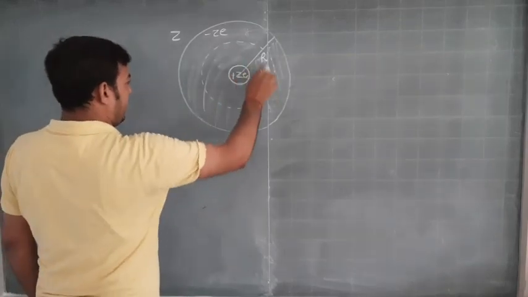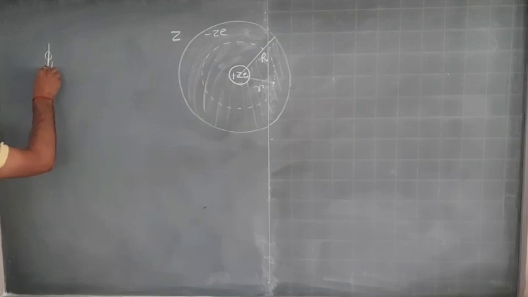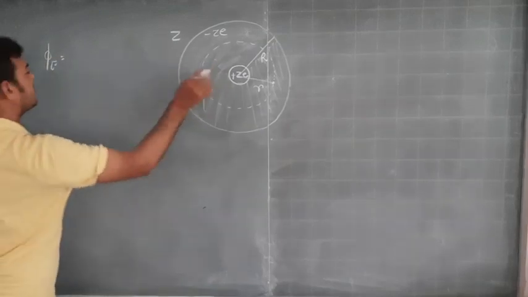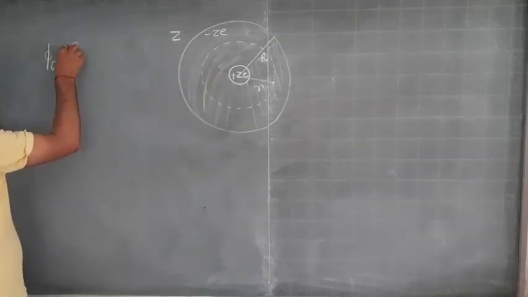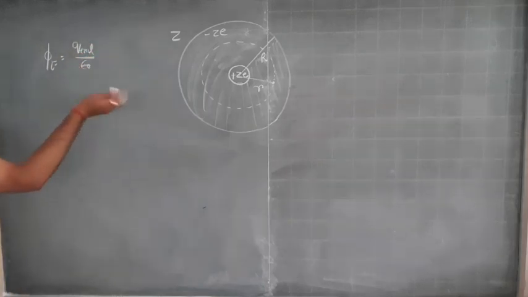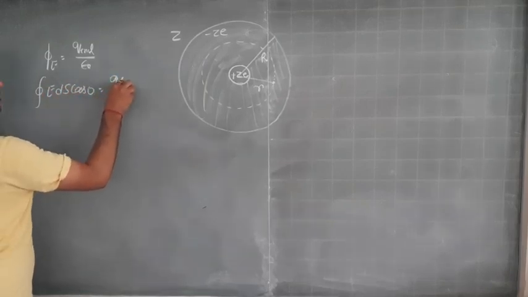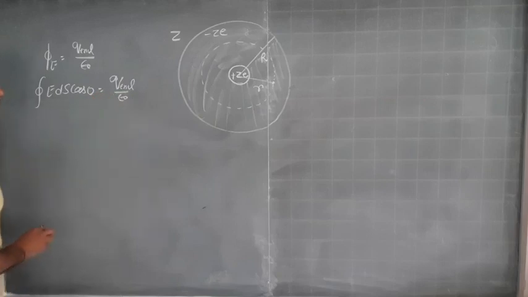If I find the flux from this Gaussian surface, it is simply the enclosed charge divided by epsilon naught, and as per the previous situations we can write the flux as E ds equals the enclosed charge divided by epsilon naught.